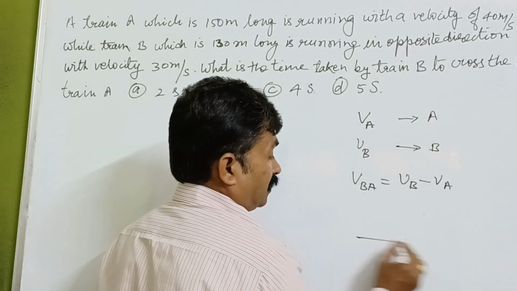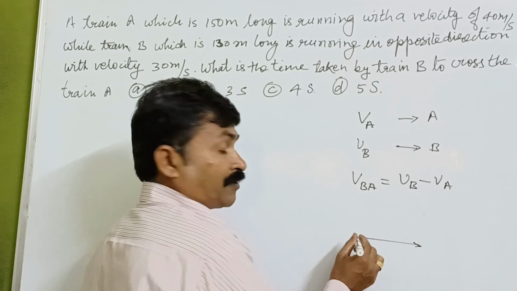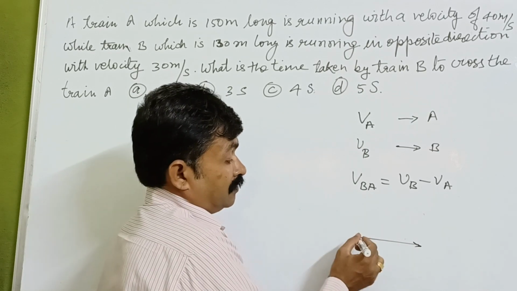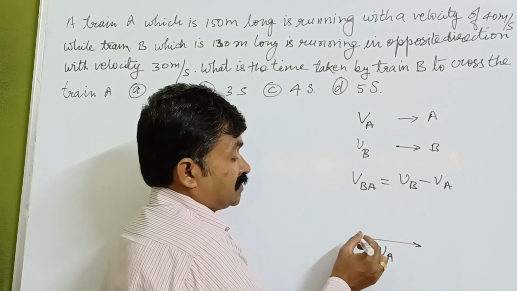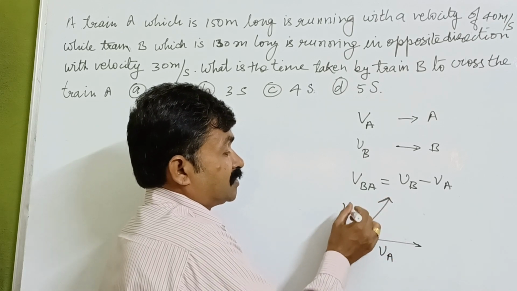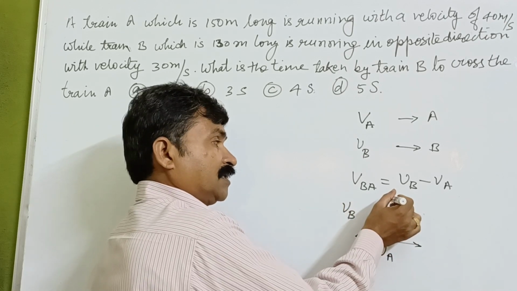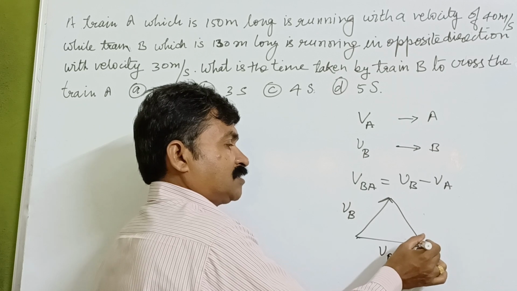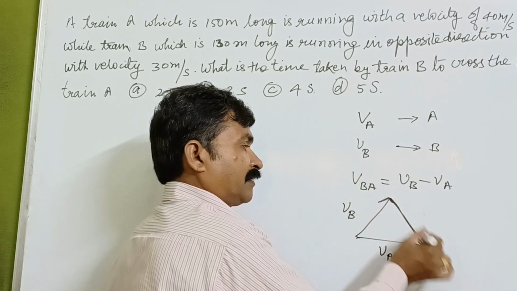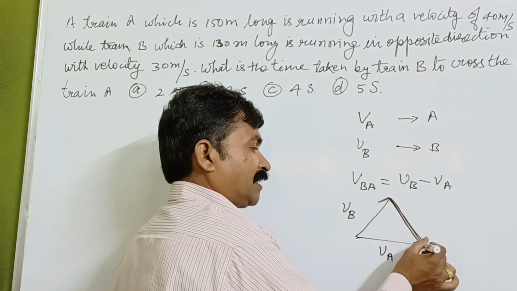Simply, if an object is moving from a point with VA in this direction, and another is moving with VB, and we want to know the resultant of these two, we can use the head-tail touching method.